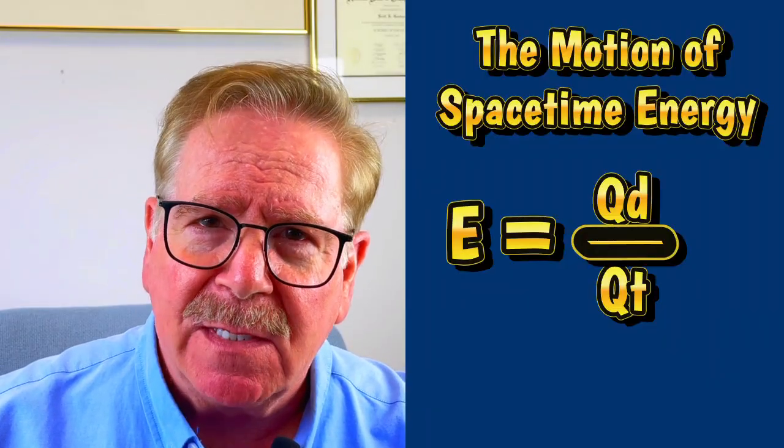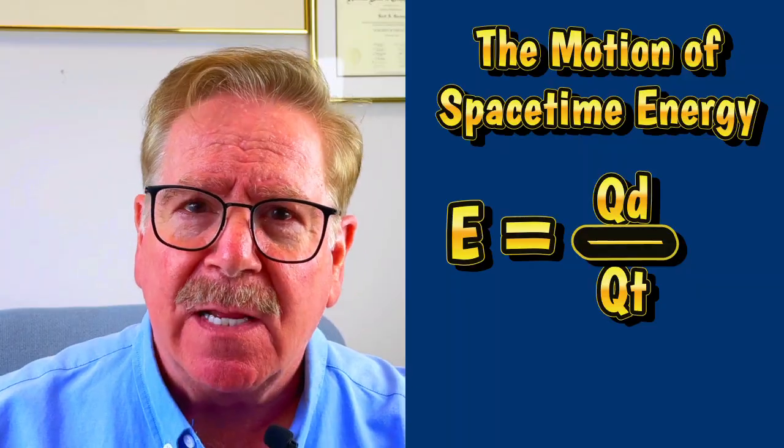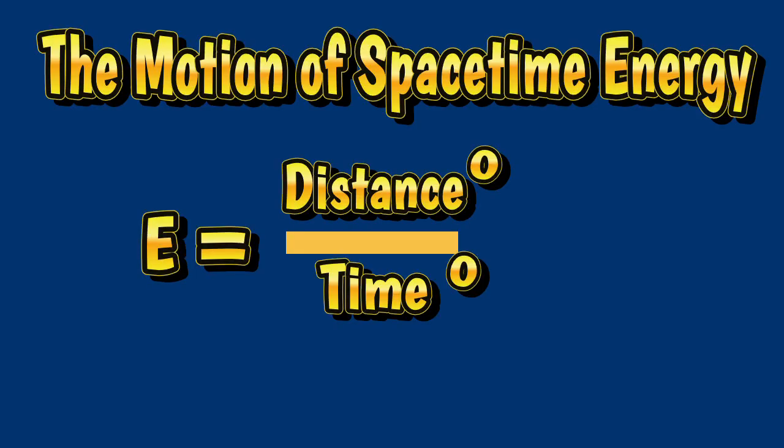We have previously shown that the motion of spacetime is expressed mathematically by the relative quantum distance and the relative quantum time unit, where both these parameters are raised to the zero power. The ratio of the quantum distance divided by the quantum time unit represents motion. And this ratio is always 1. But when it comes to space-time, this ratio does not represent an actual velocity. That's because the units of distance and the units of time are also raised to the zero power.